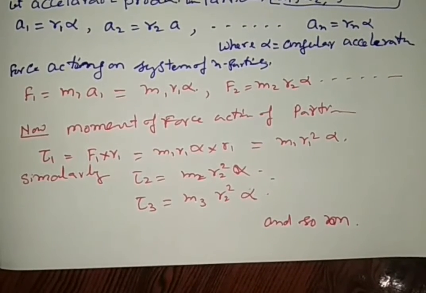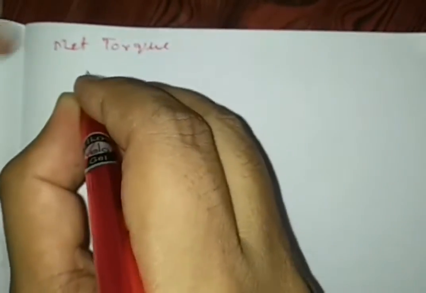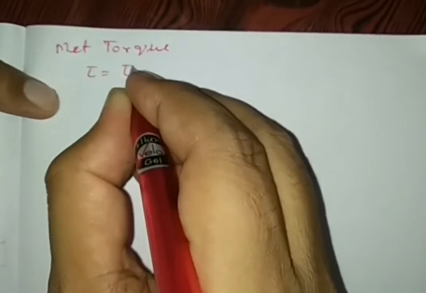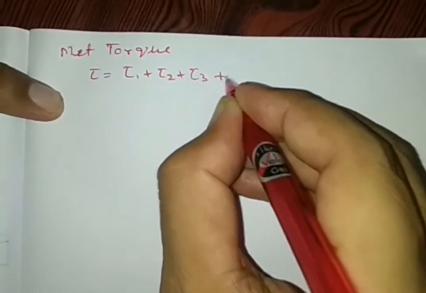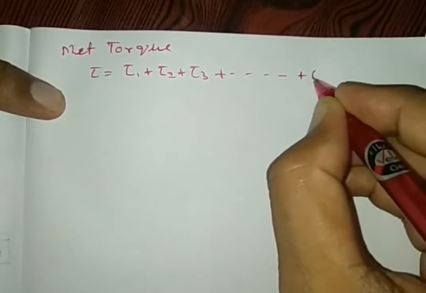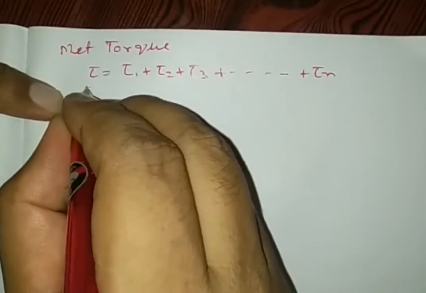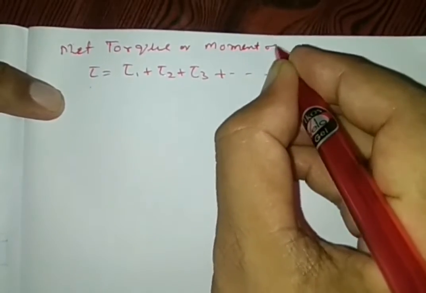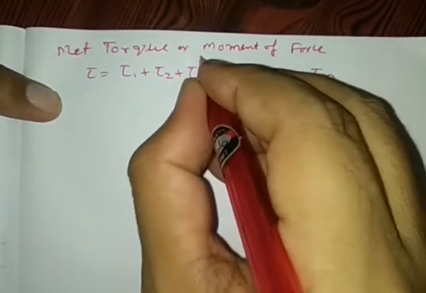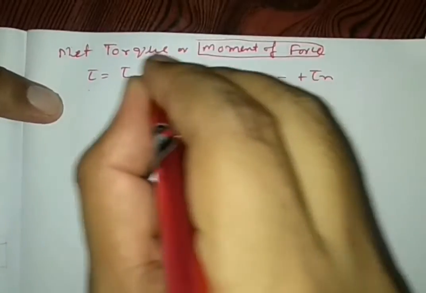The next calculation is the net torque. Net torque tau is equal to the sum of all torques, tau1 plus tau2 plus tau3 and so on up to n particles. This torque is called moment of force; moment of force and torque are the same physical quantity.